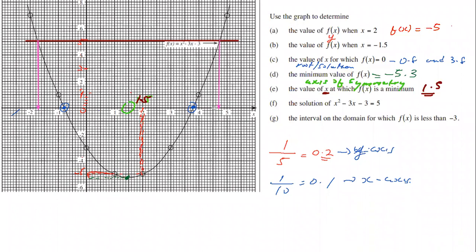On the x, it is different from the y. I did it here for you to see. On the x-axis, every small line is 0.1, whilst on the y-axis, every small line is 0.2.